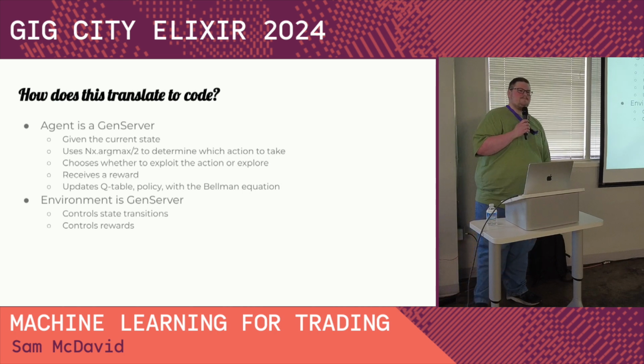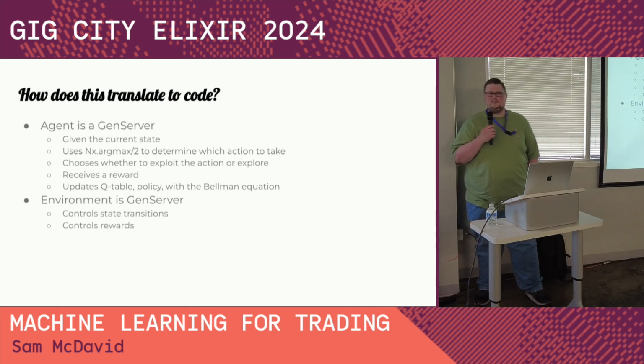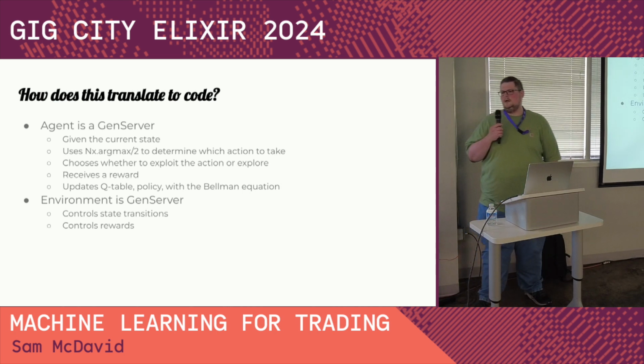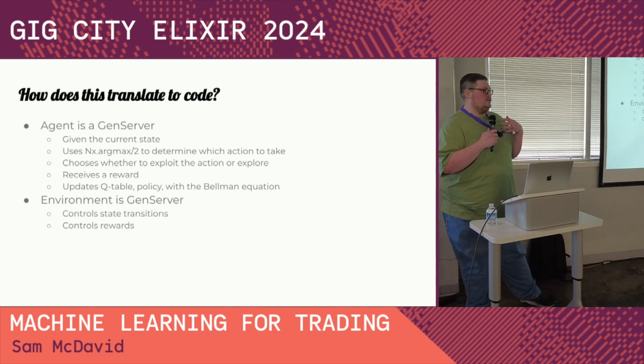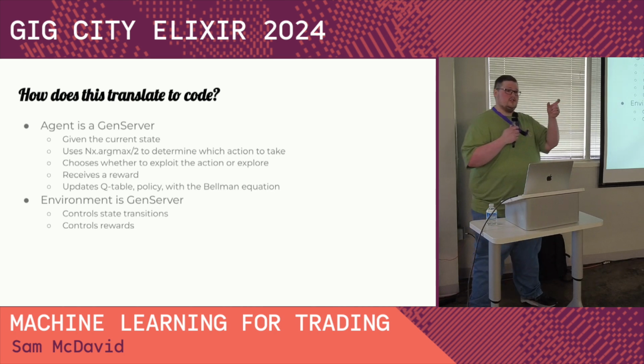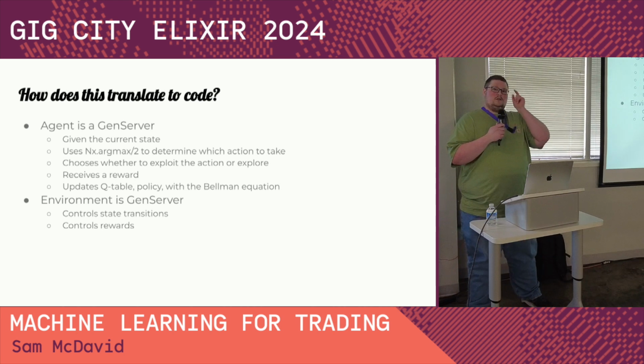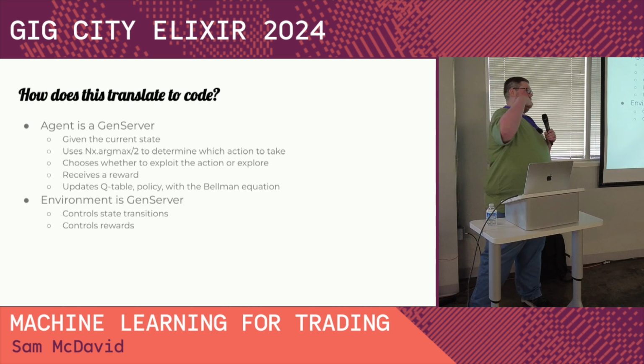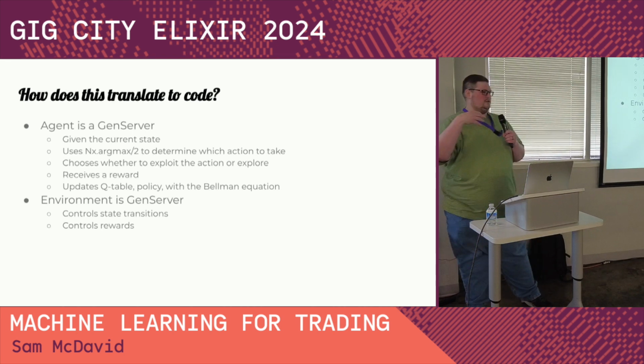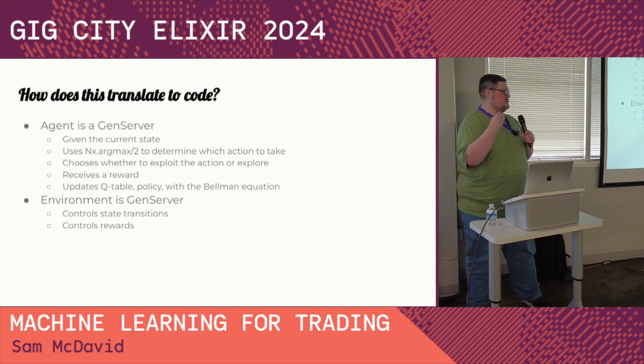But it makes sense, right? We've used words like state and agent. We've talked about performing actions, so executing functions. So it makes a lot of sense that the agent is going to be a gen server because it has to manage its own state.